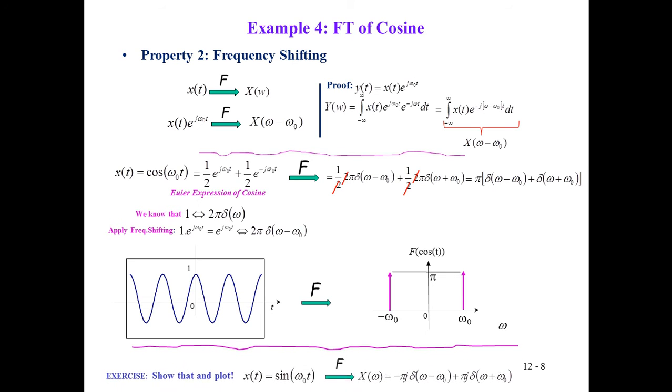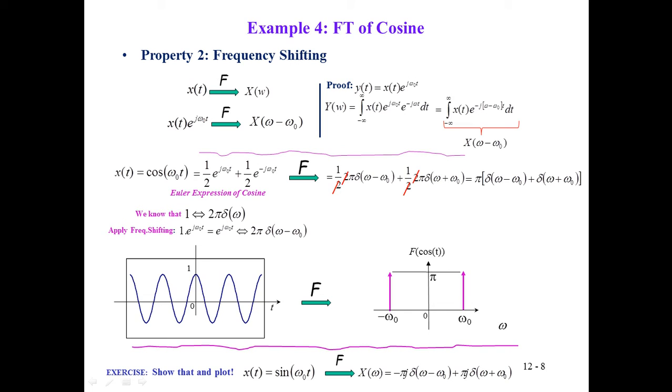As an exercise, I leave it to the reader of these slides to show the Fourier transform of sine omega 0 t, given by minus pi j Dirac omega minus omega 0 plus pi j Dirac omega plus omega 0.